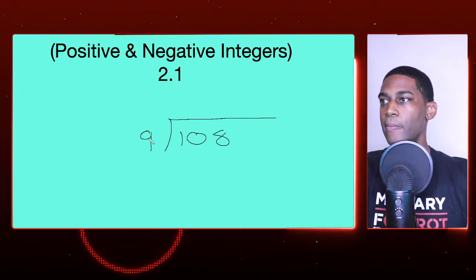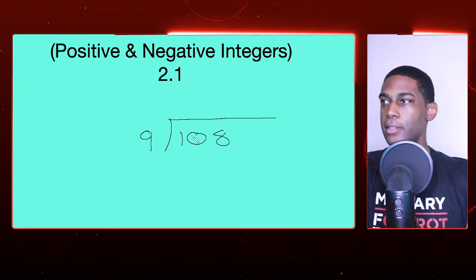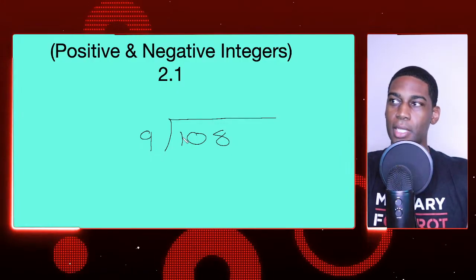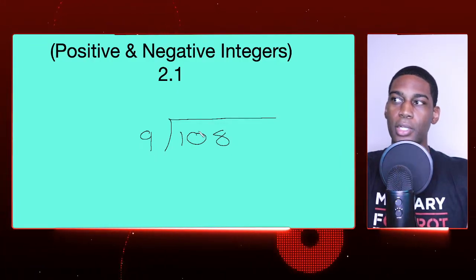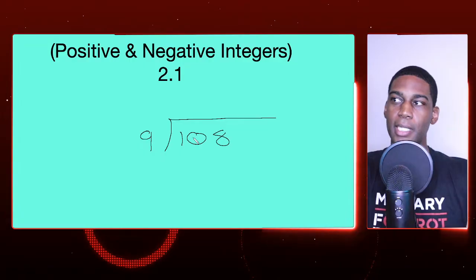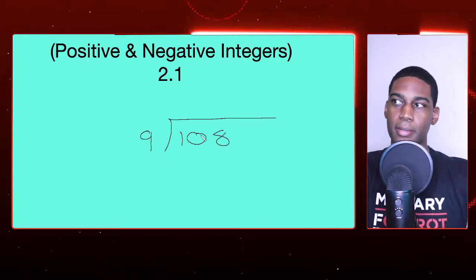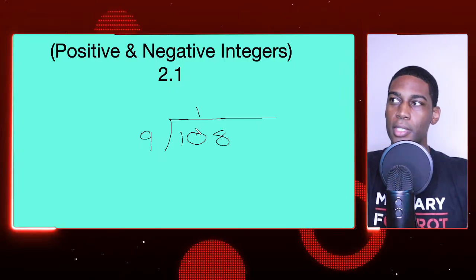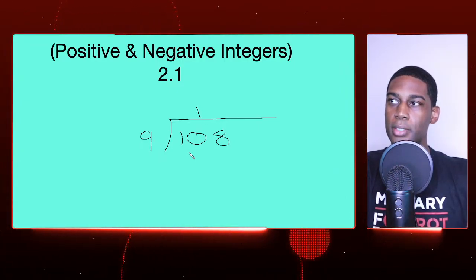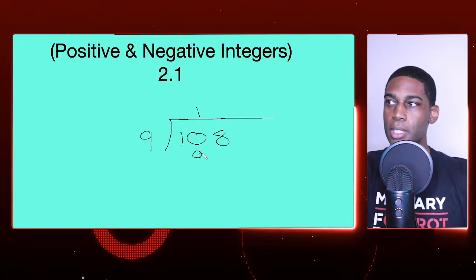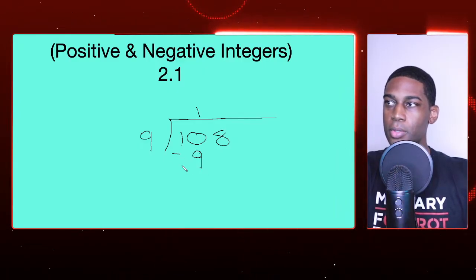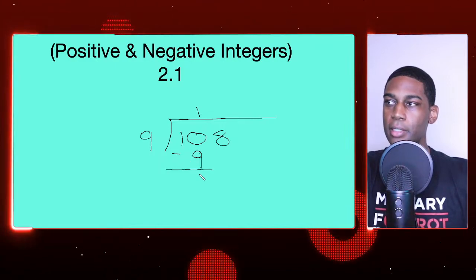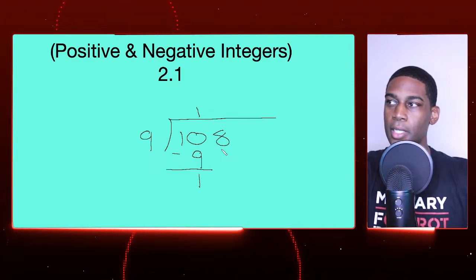And then you're going to say, how many times does 9 fit into 1? 9 cannot fit into 1 at all. Okay, so we're going to go over it. We're going to include the next placeholder. How many times can 9 fit into the number 10? All right, 1 time. So we're going to go ahead and put our 1 here. Okay, 1 times 9 equals 9. You're going to subtract these two numbers. 10 minus 9 equals 1. And then we're going to move to the right.